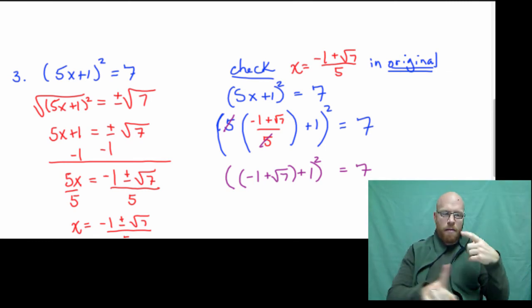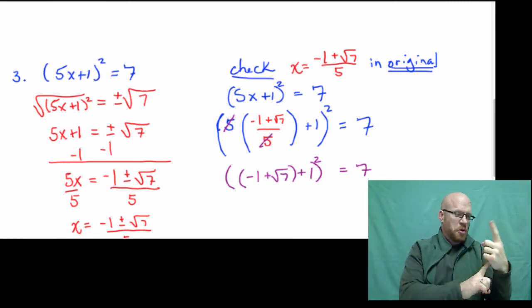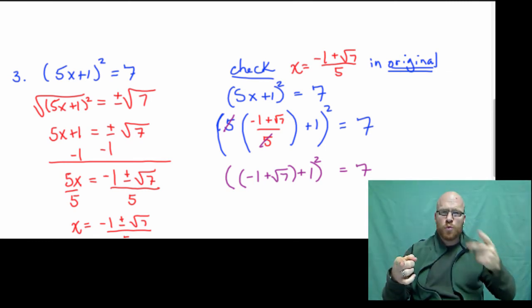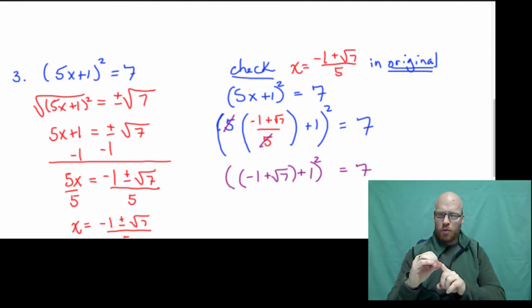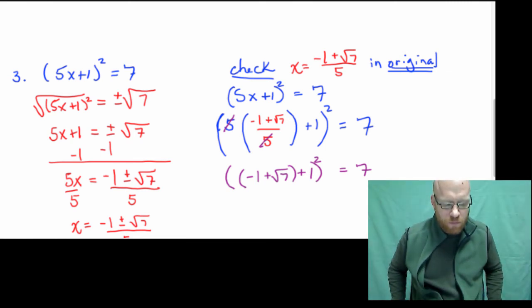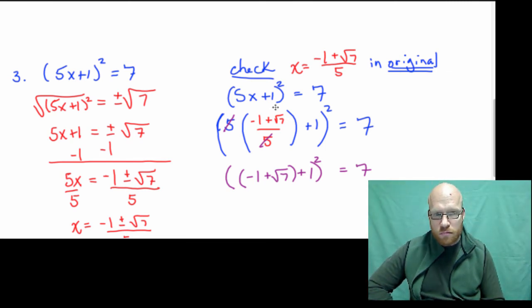Now, if we look on the inside of the parentheses here, we have parentheses plus 1. The parentheses on the inside doesn't change anything. So we have negative 1 plus square root of 7 plus 1, the whole thing squared. We'll see what happens. Watch.